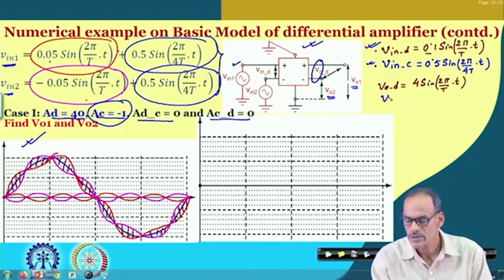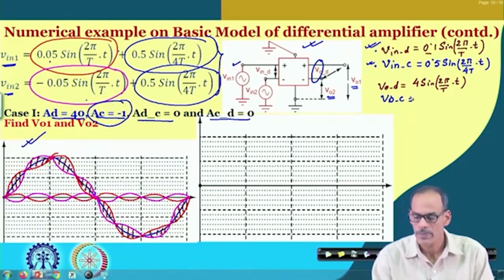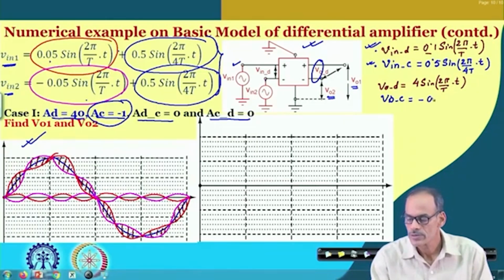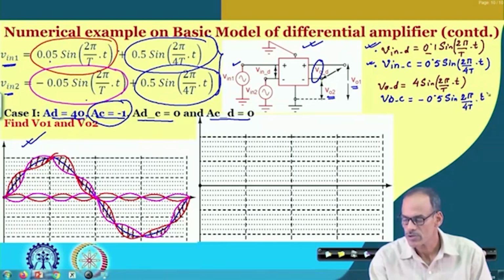So, we can see that V in C is producing VOC, which is equal to minus 0.5 sin 2 pi divided by 4 T into small t.